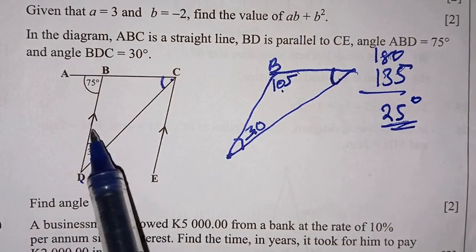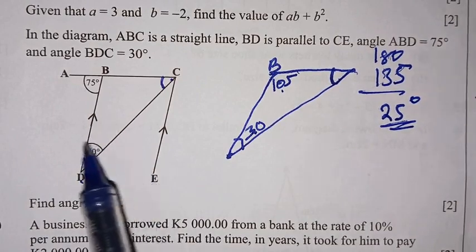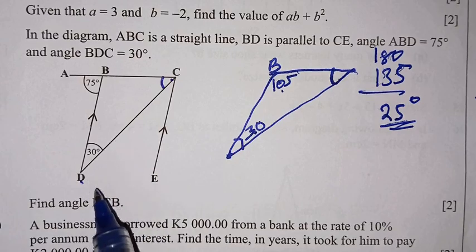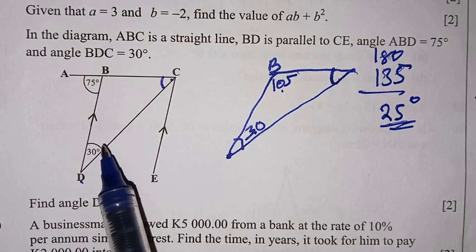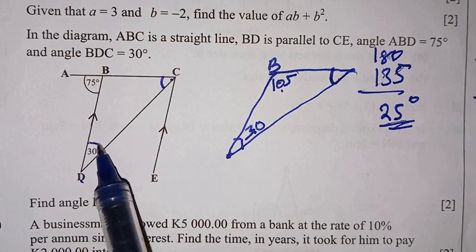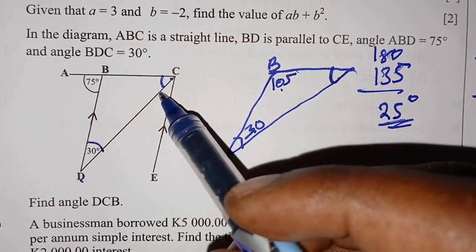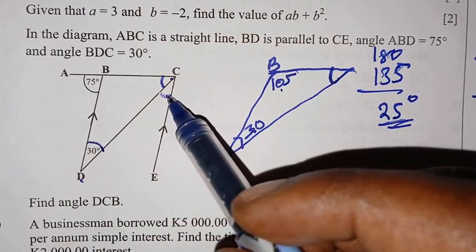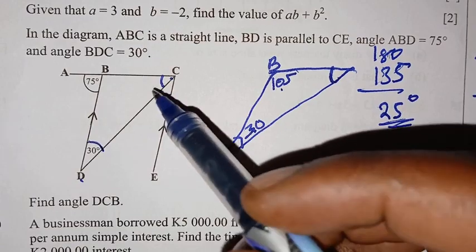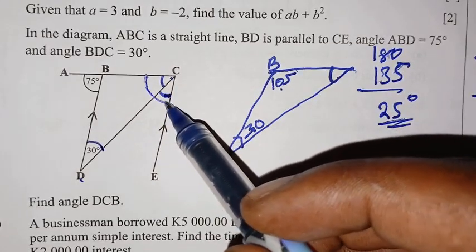is where, because we're given parallel lines here, somehow we need to use them. So for parallel lines, we could be looking at alternate angles. This angle here is 30 degrees. Then it means that this angle here also is 30 degrees. But the whole angle here is 75.